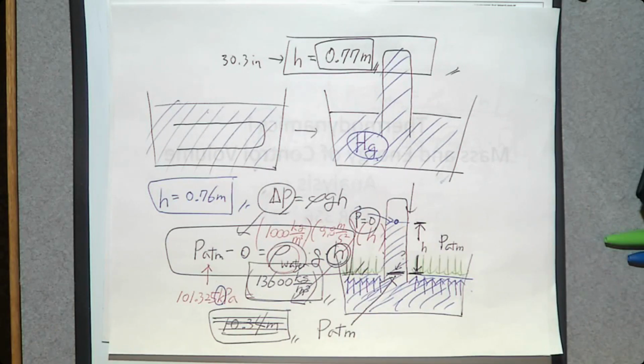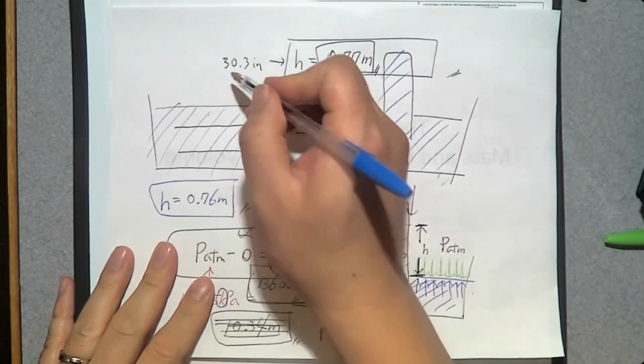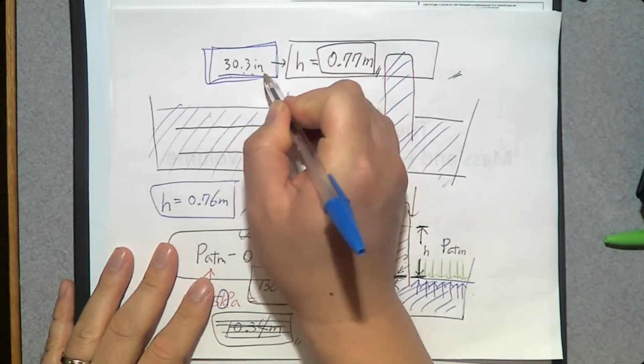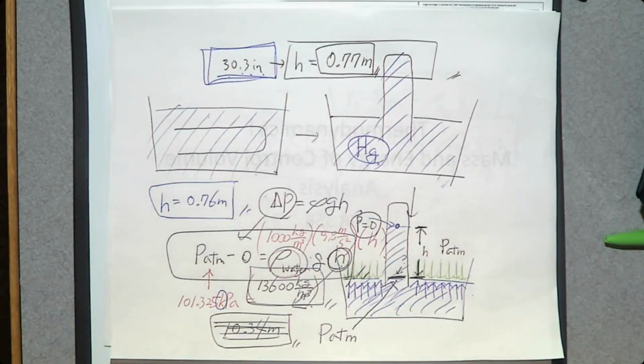When pressure is higher than usual, is there going to be rain? No, rain comes when pressure is lower than usual, so you will expect that outside is going to be sunny. Okay? So if you just say the pressure is 30.3 inches, this is actually incorrect.